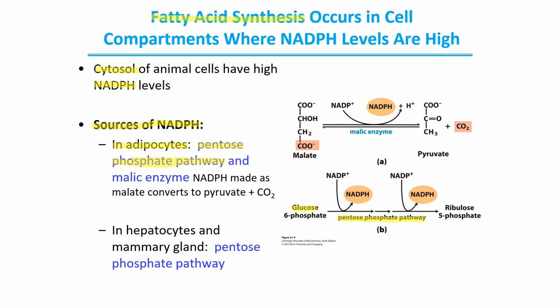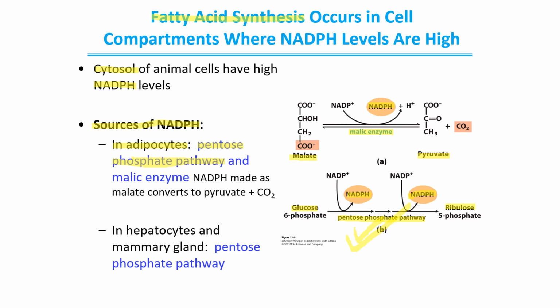Glucose was converted into ribulose after 4 or 5 reactions, and we made these NADPH molecules. The second source is this enzyme, malic enzyme, which converts malate into pyruvate and also produces an NADPH molecule. But an important thing to remember is that PPP, the pentose phosphate pathway, is the major source, whereas malic enzyme only produces a little bit of NADPH.